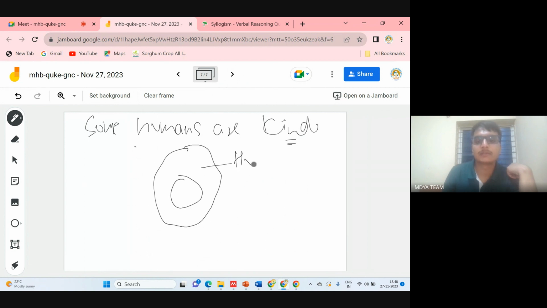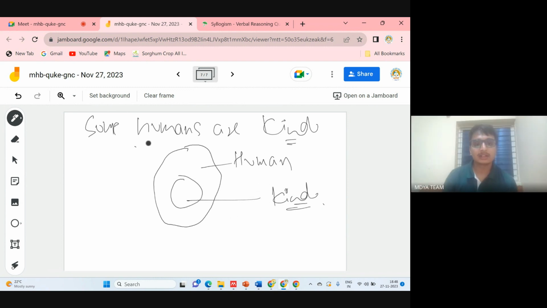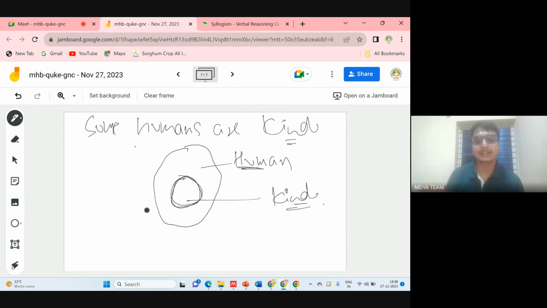This is the circle of human and this is a small circle of kind. Why not? Some humans are kind. What is the problem in this diagram? It means all are kind. The small circle consists of all the persons who are kind. It is not like that.